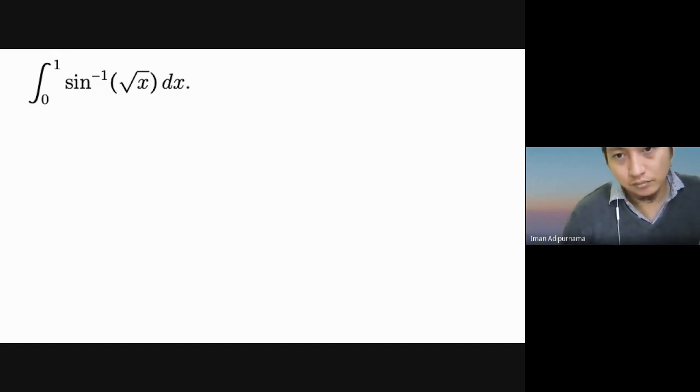Integral from 0 to 1 of sine inverse square root of x, dx. Can you try to solve?